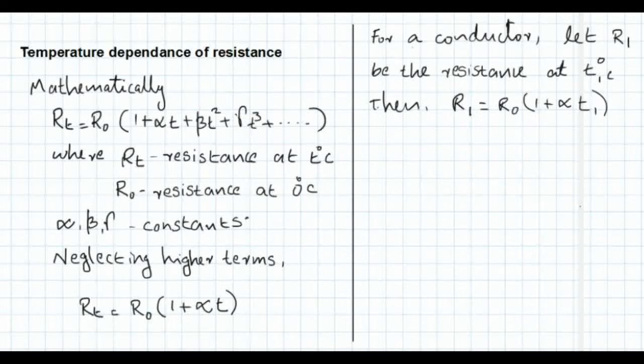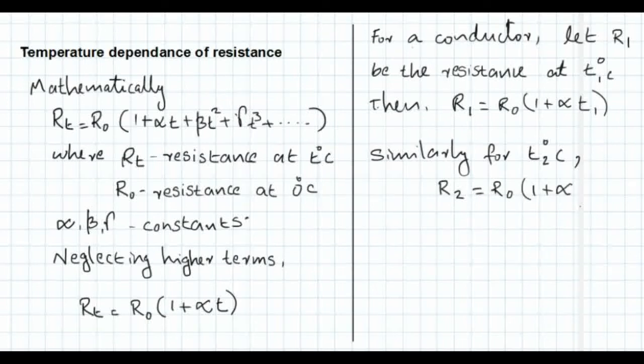Then suppose there is another temperature, say T2. For a temperature of T2 degree Celsius, the resistance will be say R2. Therefore R2 is equal to R0 into 1 plus alpha T2. So the meaning of these equations is when the temperature is T1, the resistance is R1, and when the temperature is T2, the resistance is R2.